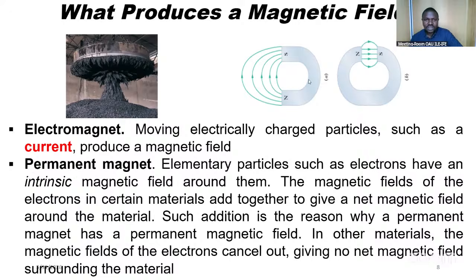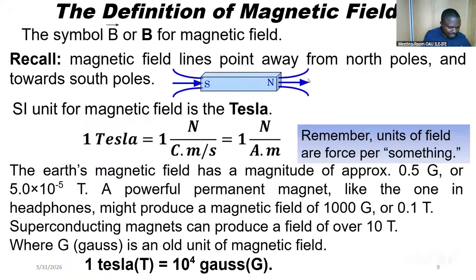Thank you. Okay, let's now try to explain the definition of magnetic field. One thing I like about physics is that physics is not abstract. Physics always wants you to understand things, and we like to quantify things in physics. So, in order to start quantifying the magnetic field, we are going to discuss its definition.